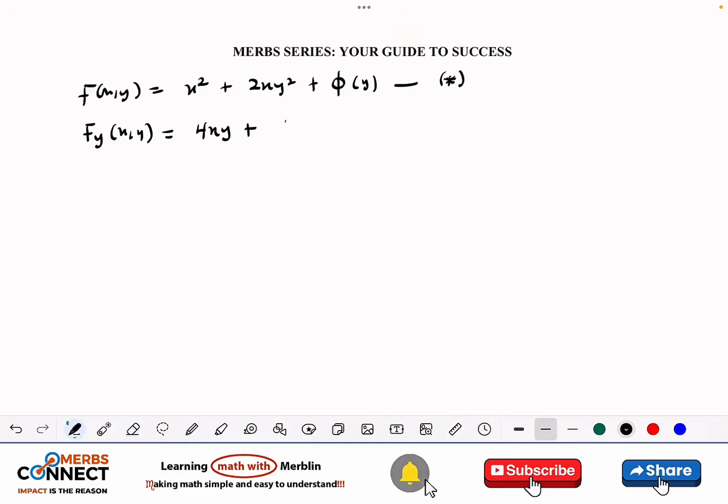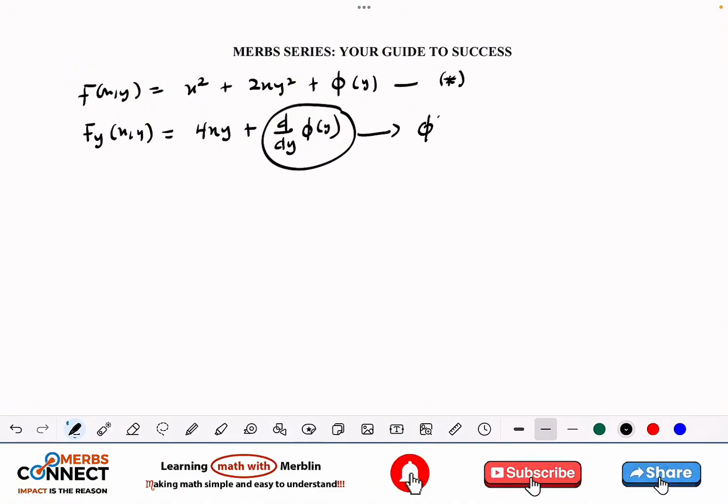So this is d over dy of that. And this here, we can just basically write it as phi prime of y. Because remember, anytime we are using prime, it means that the function is in terms of only one variable. Good. So let me call this guy.